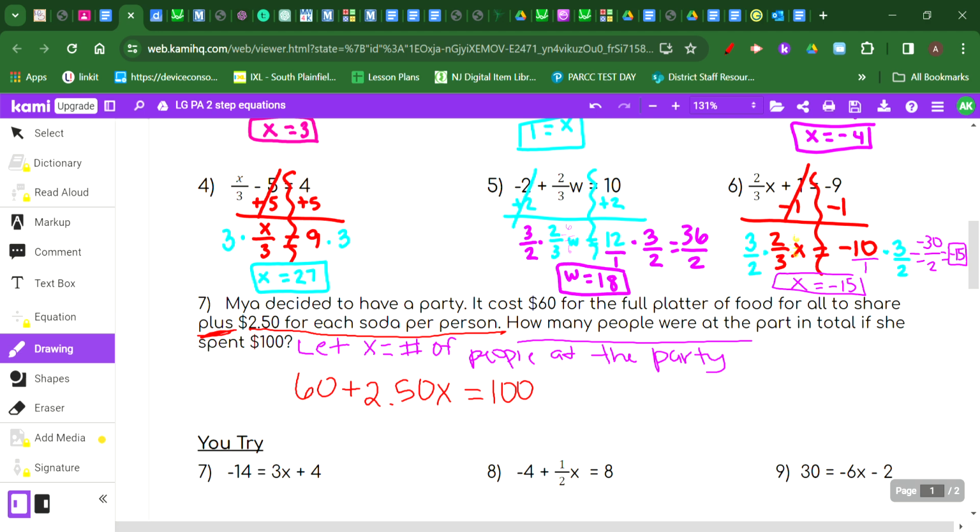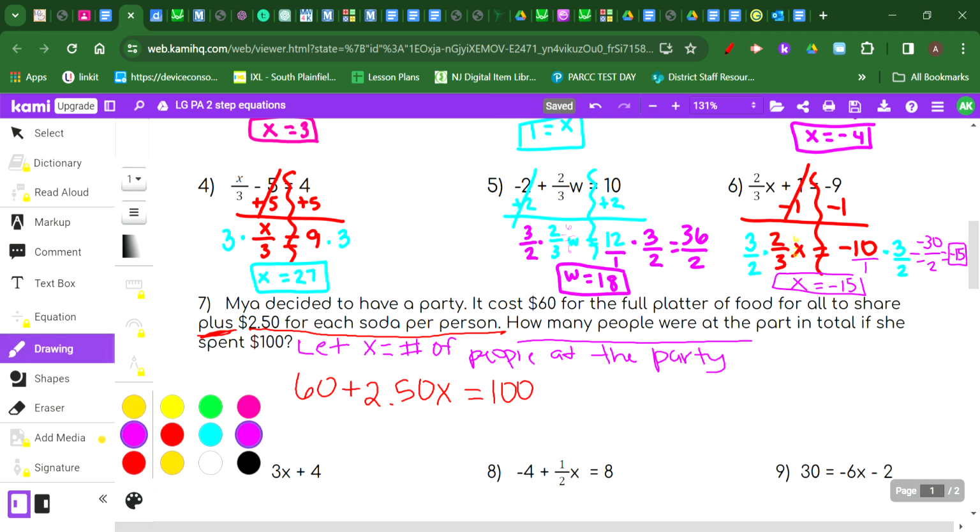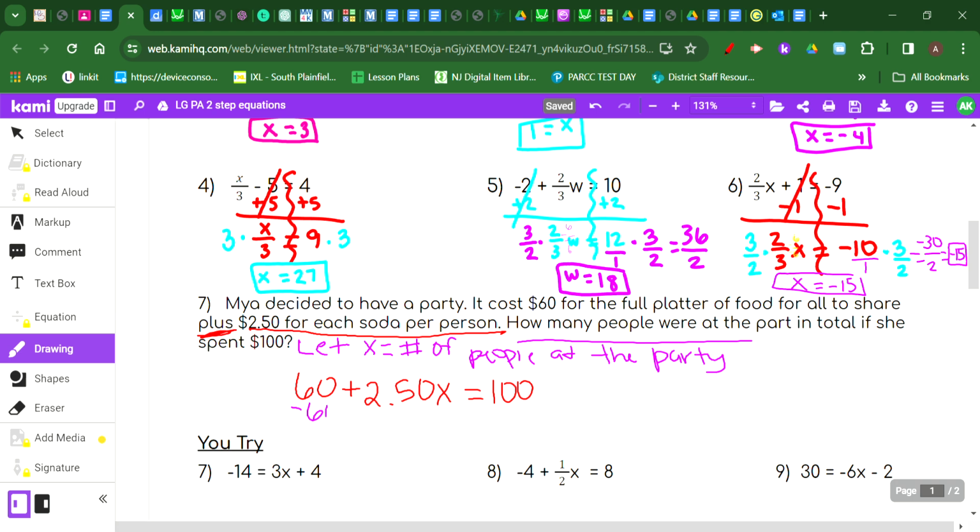And now we're going to solve this two-step equation. So we're going to do minus 60 first because that is our constant. Okay, if you bring down the river, look at the left side where the x is, you have 60 as your constant, so now you're going to minus 60 on both sides. These cancel, you're left with 2.50x is equal to 100 minus 60, which is 40.